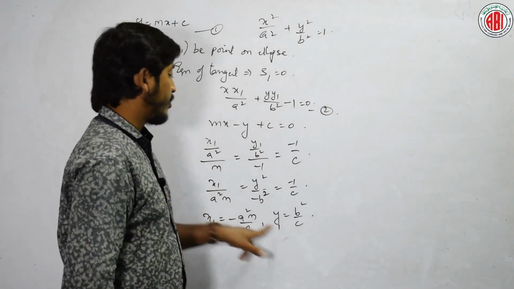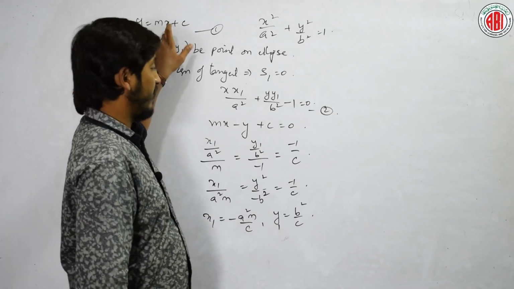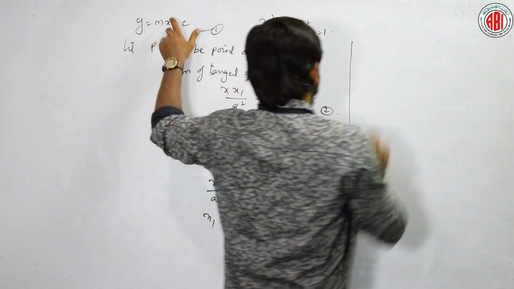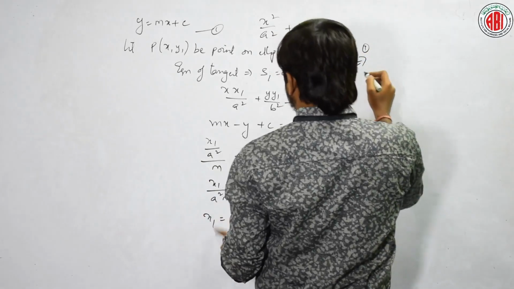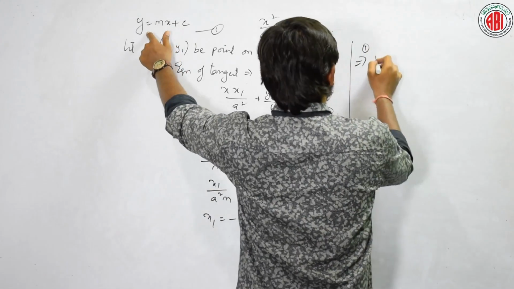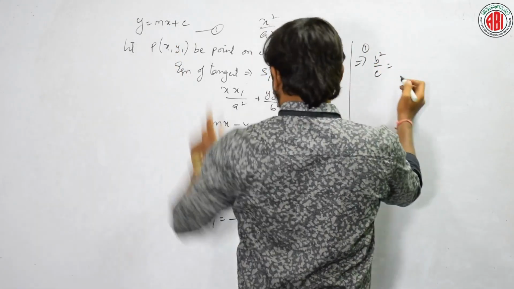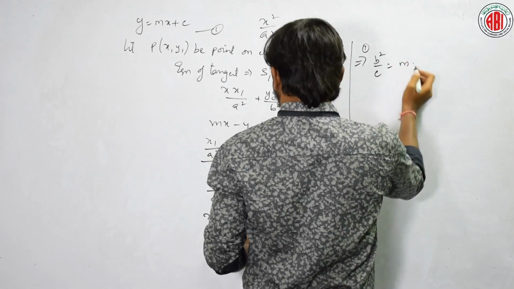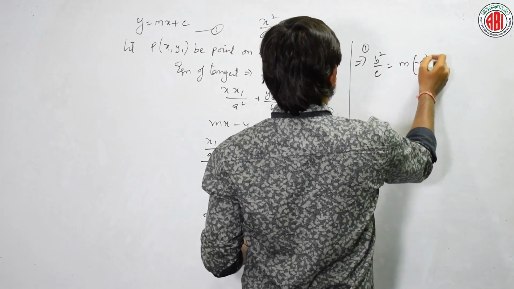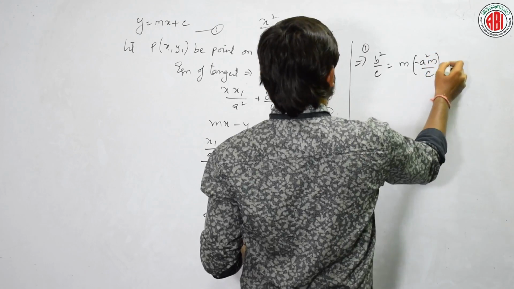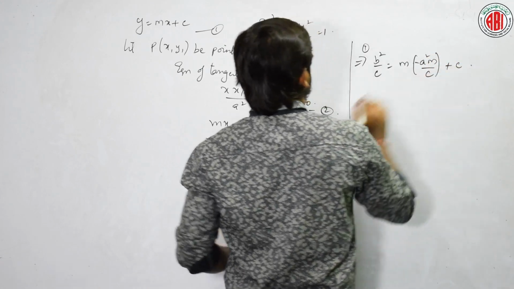Now, let us substitute this x1 and y1 in any one of the equations. Let us substitute in 1. What do we get? y1 is b square by c, equal to m into minus a square m by c, plus c. Okay.